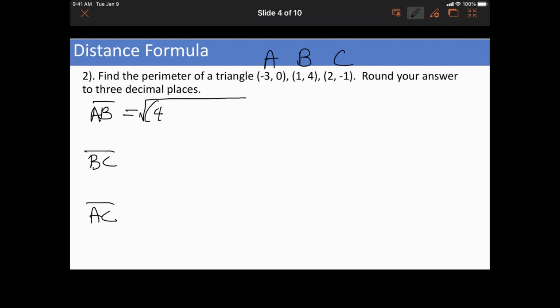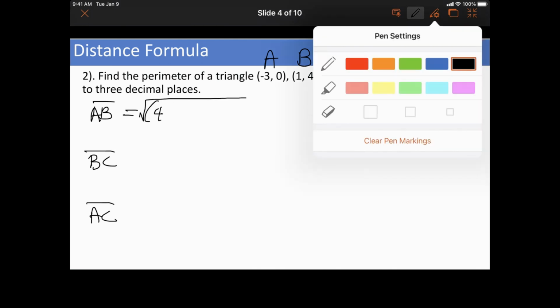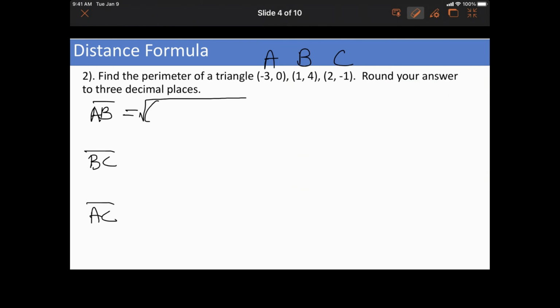So 4, oops, sorry. Keep doing the distance. 1 minus 3. All right, to speed things along, I'm going to do things quickly. That's going to be 16. That's going to also be 16.